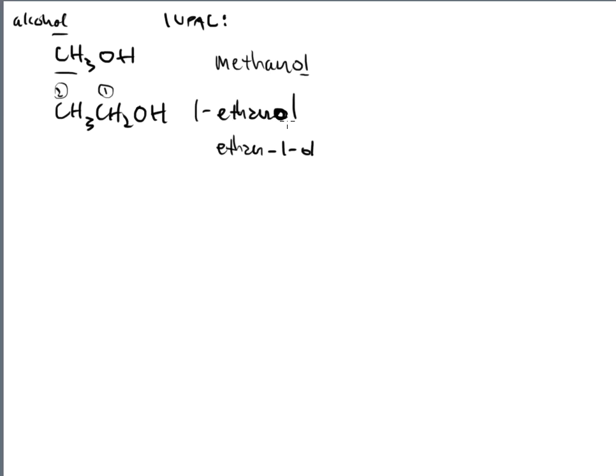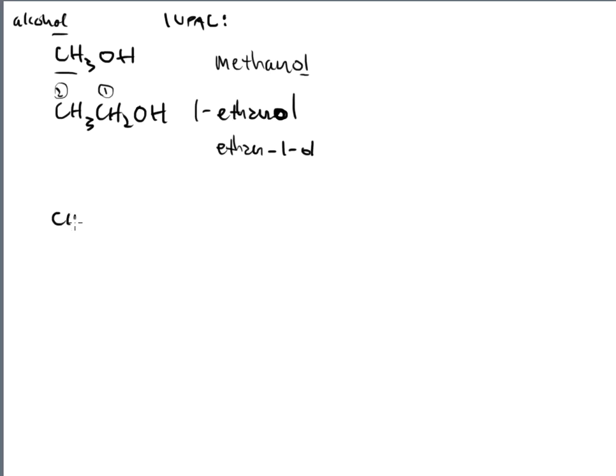Well, that is another IUPAC name that this thing can go by, and that's perfectly acceptable as well. However, I know very few people that feel comfortable in doing this type of thing, and if you do not feel comfortable doing it, then don't do it. But that is an option that's out there. So 1-ethanol, ethanol, or ethan-1-ol, all of those are acceptable names for that particular type of structure, okay?